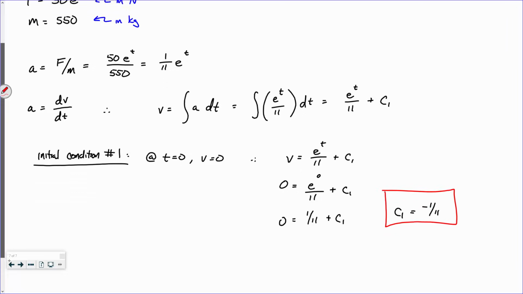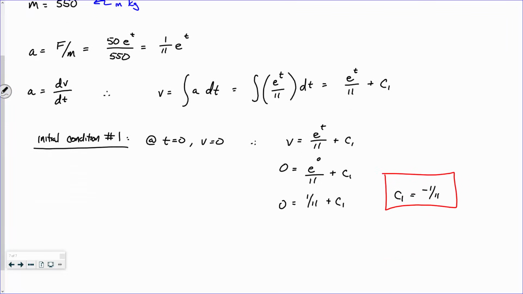There's one of them. So I can rewrite velocity as e to the t over 11 minus 1 over 11. Fair point? Sound good? Now, that's velocity.